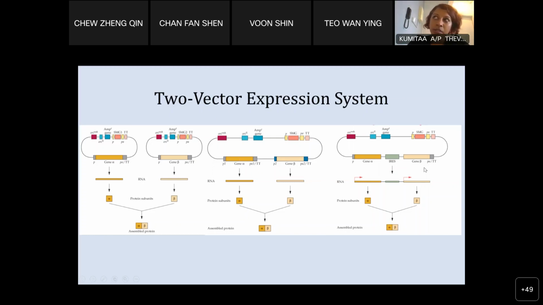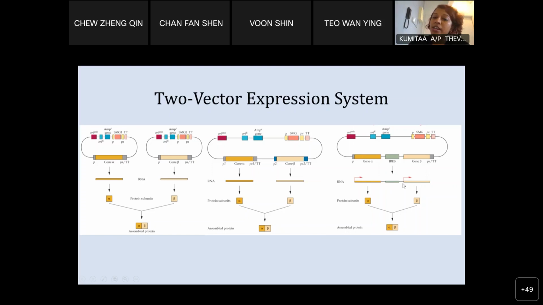So the one on the most right is the one that most people prefer when they have a two-vector expression system. In this case, you have, again, gene alpha and gene beta under a single promoter as well. But in this case, it is separated by IRES. How IRES works is that it does cleave off eventually, but it's not as large as a promoter, though it does function sort of like a promoter.